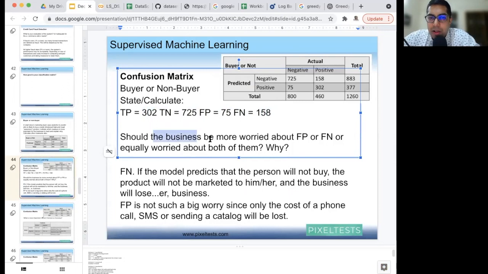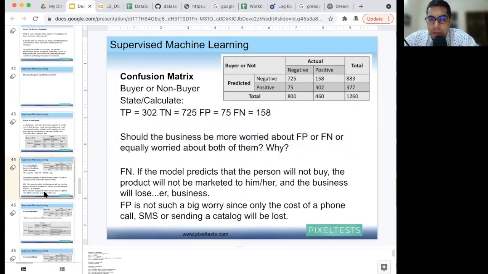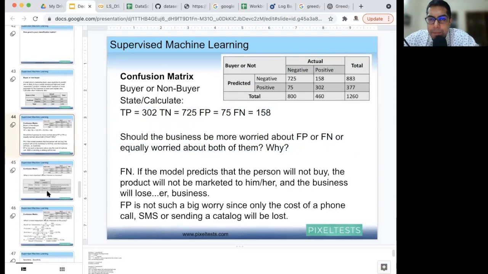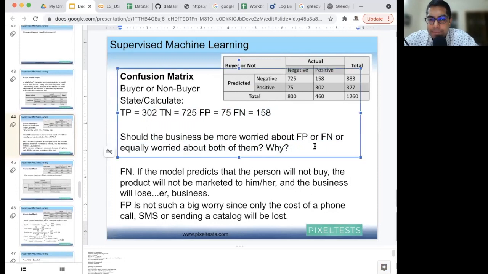So now, should the business be more worried about FP or FN or equally worried about both? Any idea about that?